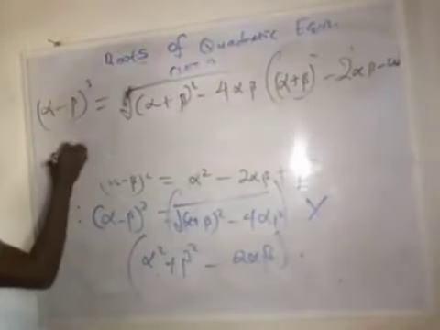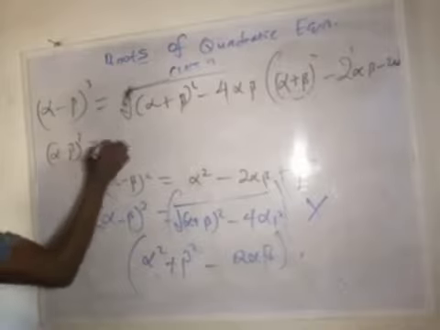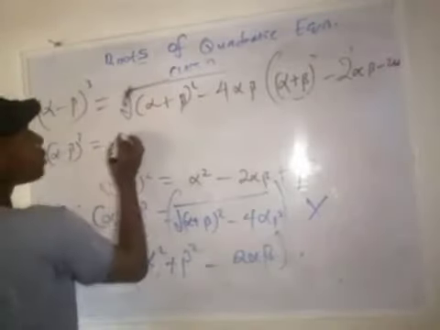And therefore, alpha minus beta cubed will now be equal to square root.